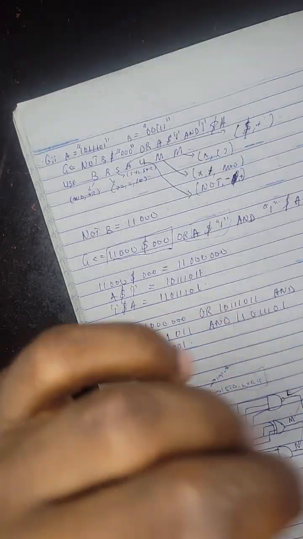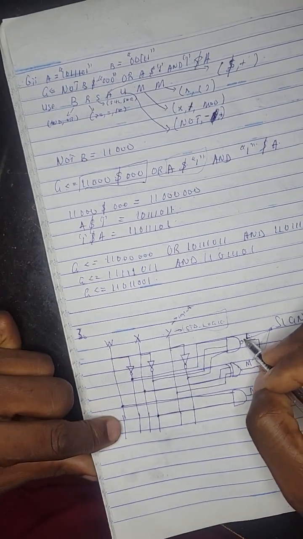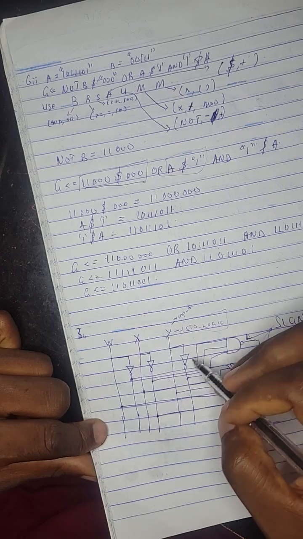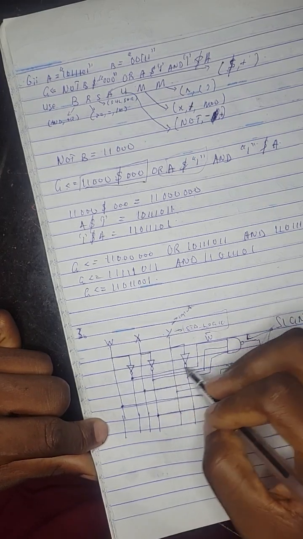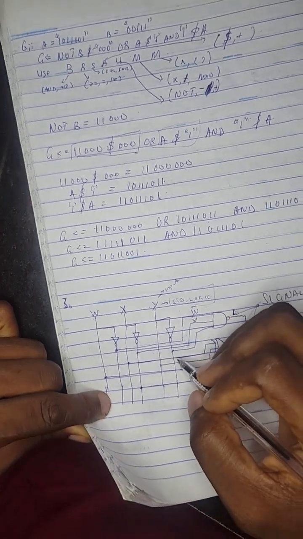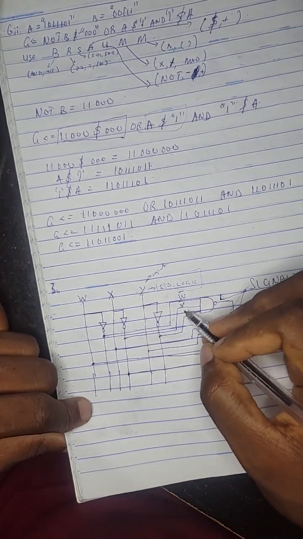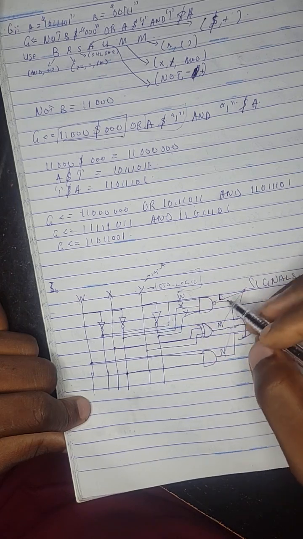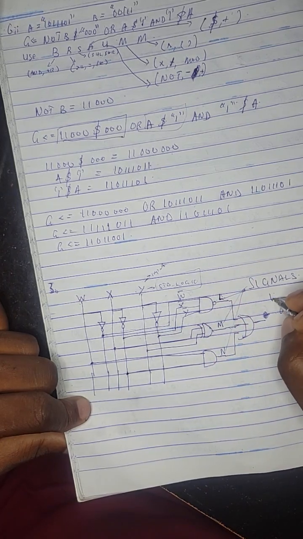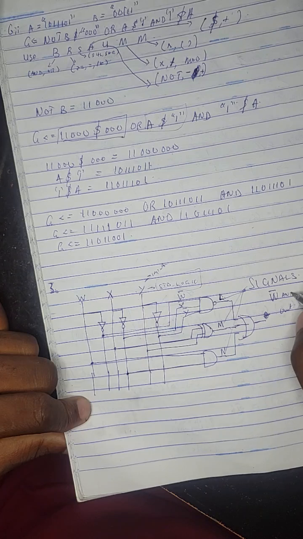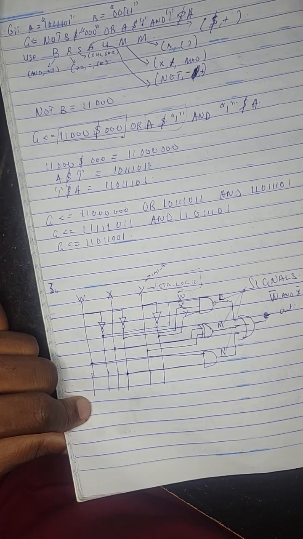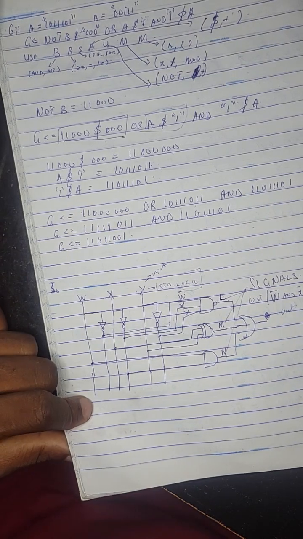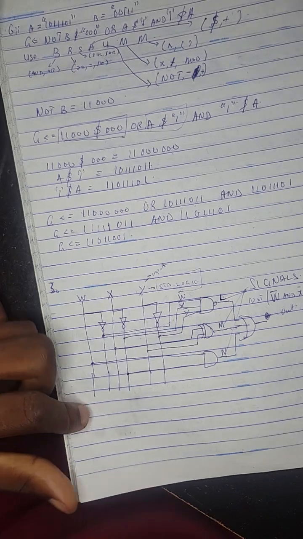Now if you look at this one, L is the NAND gate of W bar, X bar, and Y bar, all of this knotted. So that's what we are going to have for L.